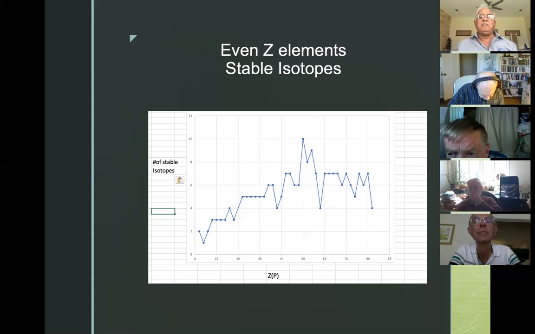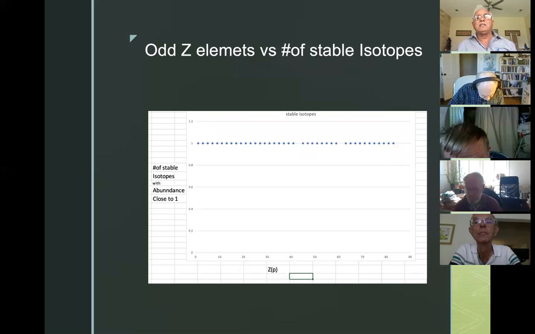If it is an even Z, then it gets its stability from the NP shell. And if it is an odd Z, then it gets its stability from the neutron shell. Since it's getting it from the neutron shell, it has only one possibility, and there is only one stable isotope. So that is the only thing I wanted to point out.